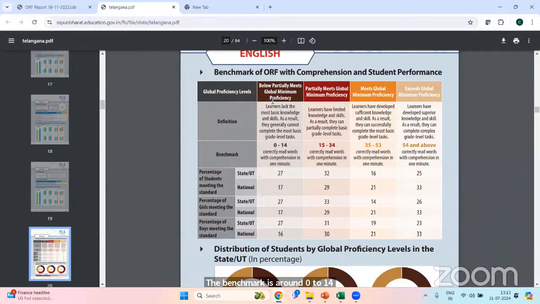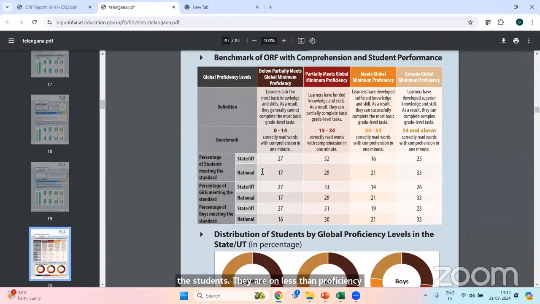And if you can see here, the percentage of students who are below partial in English are 27% and 32%. So this is summing up to around 59%, or rather around 60% of the students, who are on less than proficiency level or even less than minimum proficiency levels for this state.